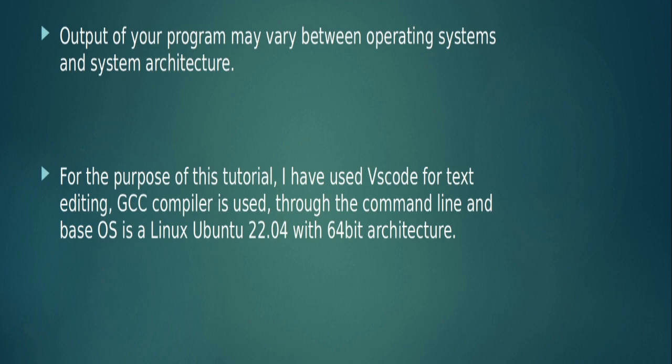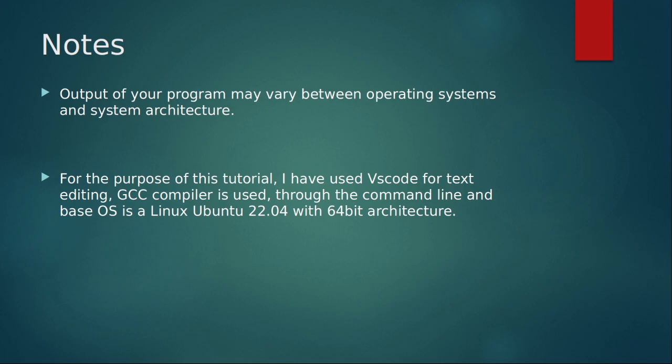These are command line editors that will be available for you if you are running a Linux environment or you are using a sandbox environment. I'm going to be using the GCC compiler, which I'm going to be using through the command line. And then my base operating system is Linux Ubuntu 22.04, which is running on a 64-bit architecture.